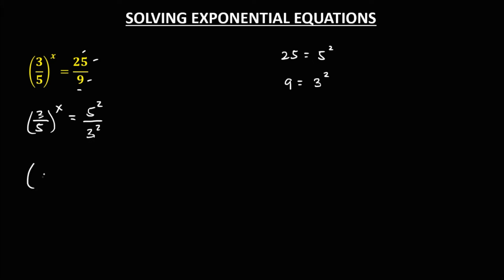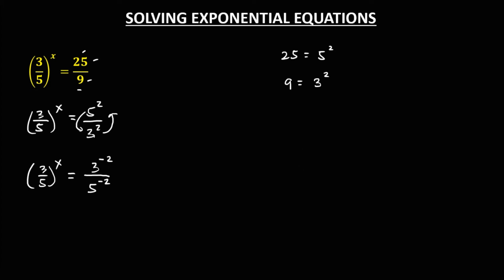Then we can rewrite this equation as 3 over 5 to the power x equals, so move down, so that becomes 5 to the power negative 2, and move up, that becomes 3 to the power negative 2.